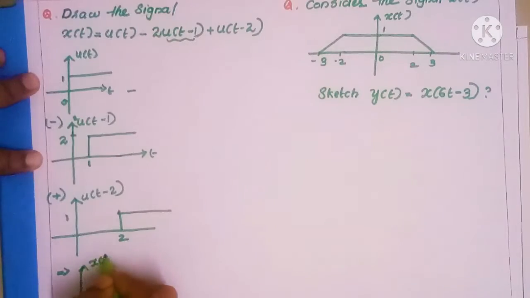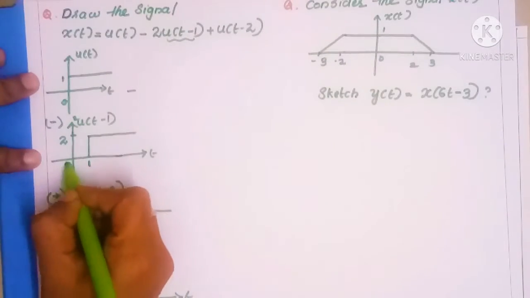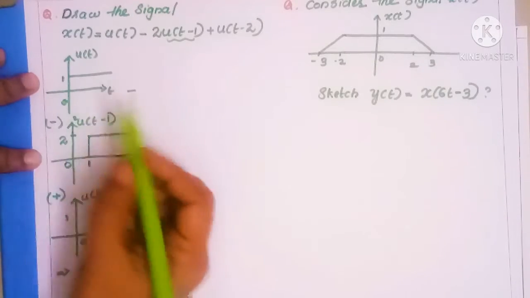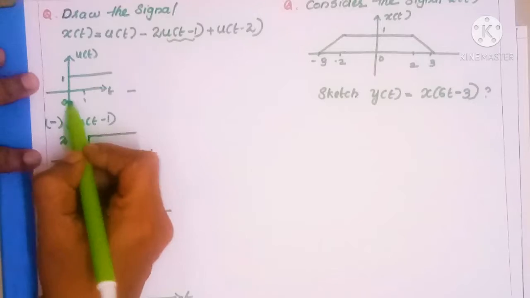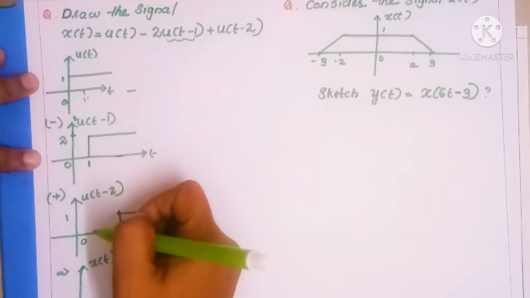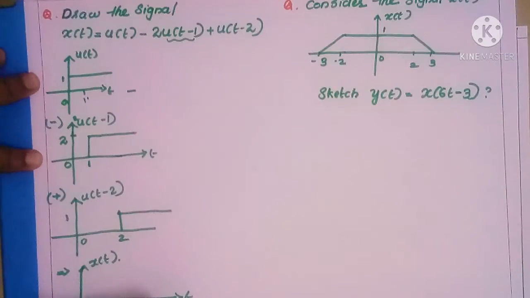X of t. This is 0 position. So from 0 to 1, here we have 1 amplitude, here 0, also here 0. Okay, so from 0 to 1 we have 1.